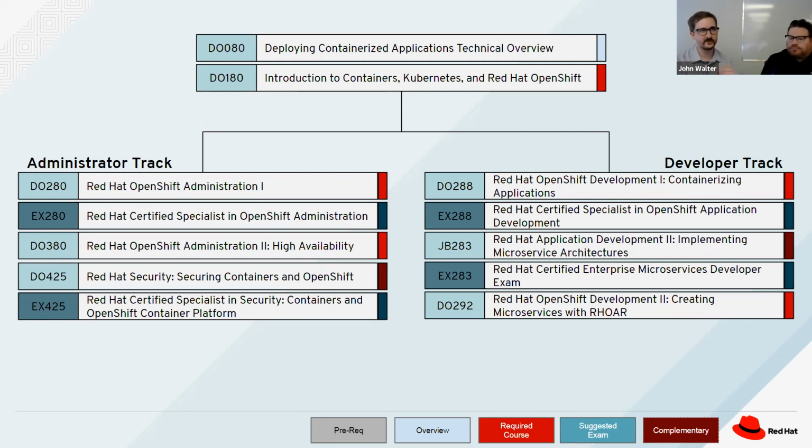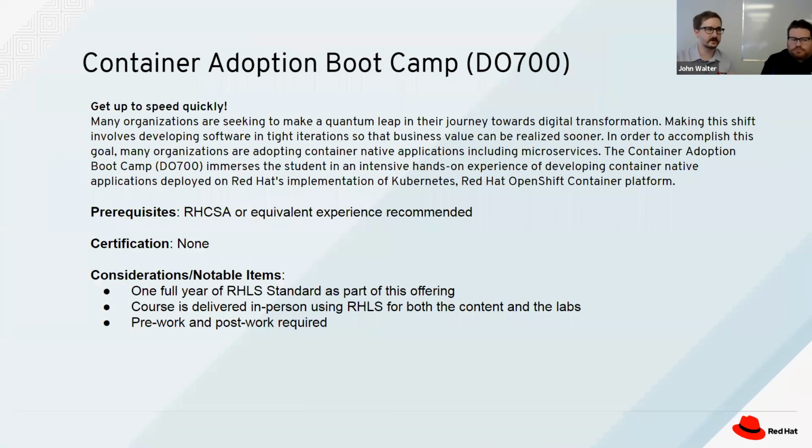And so what we've done is actually take elements of all of this curriculum, and we've created a container adoption bootcamp. What this is really just is a fast-paced, think of it like a greatest hits of all of the curriculum that we just covered, and it condenses that all into 10 days. What that last slide showed is about 25 days worth of content.